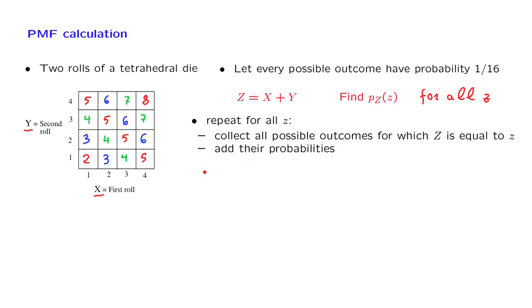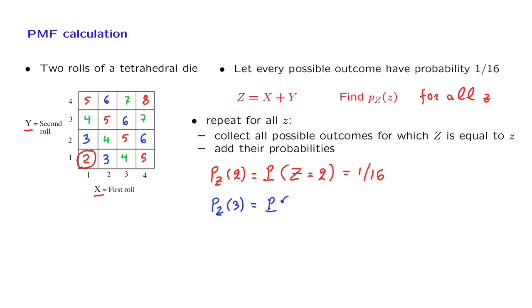So to illustrate this process, let us calculate the value of the PMF for little z equal to 2. This is, by definition, the probability that our random variable takes the value of 2, and this is an event that can only happen here. It corresponds to only one element of the sample space, which has probability 1/16. We can continue the same way for other values of little z. So, for example, the value of the PMF at little z equal to 3.